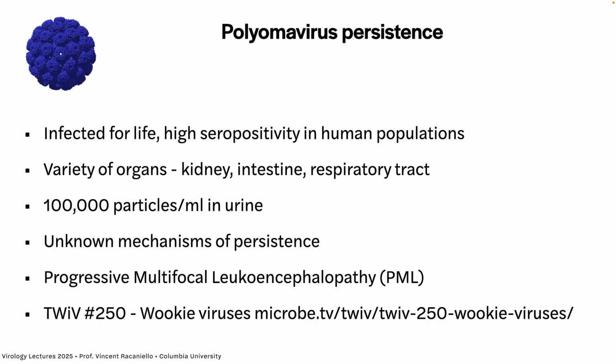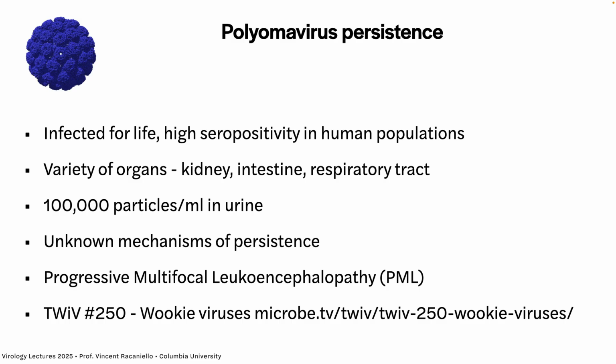It's a brain disease. And what happens is, if you have multiple sclerosis, you may be given a monoclonal antibody called Tysabri, which kills B cells, because B cells are part of the pathogenesis of MS. And so they wipe out your B cells, you don't have MS, but your polyomaviruses start to replicate, and they replicate in your brain.